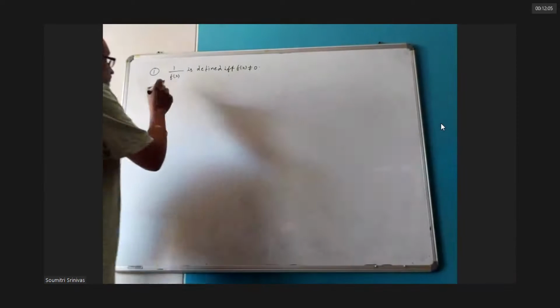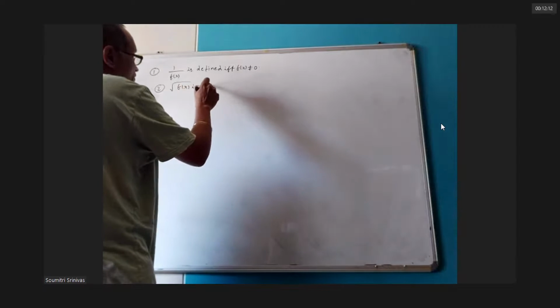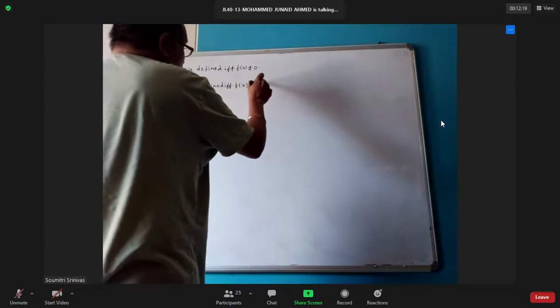First function: I said 1 by f of x is defined if and only if f of x is not equal to 0. Correct? Yes, sir. The second one we started: root of f of x is defined if and only if f of x is greater than or equal to 0.